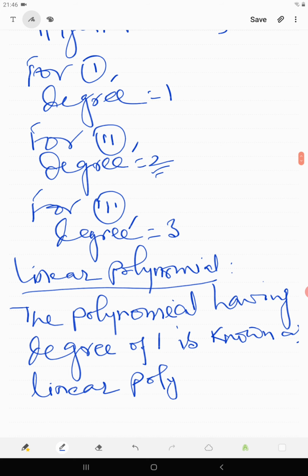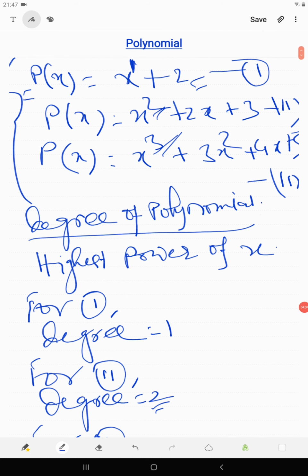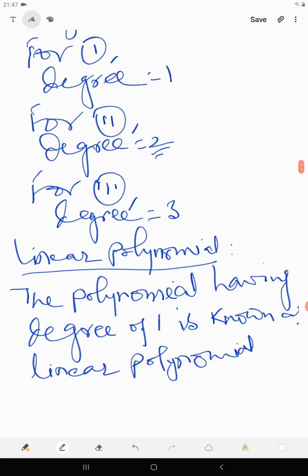Understand? See the case of example 1, what I wrote over here, px equals x plus 2. So here degree is 1. So such a polynomial is a linear polynomial.